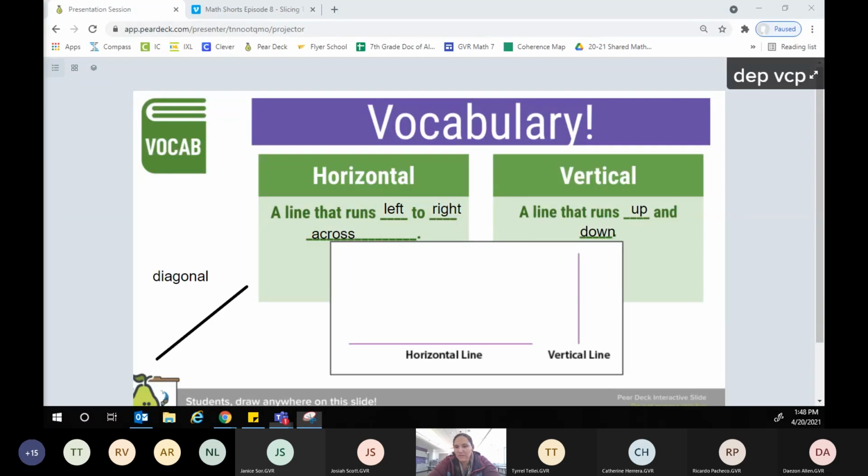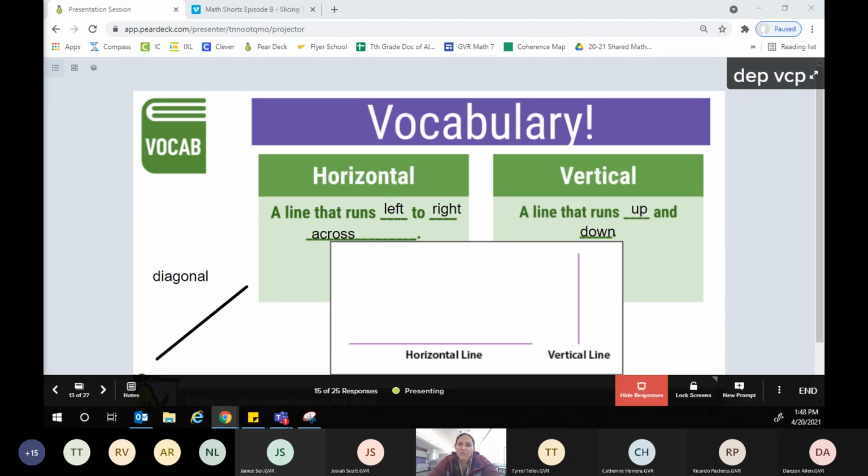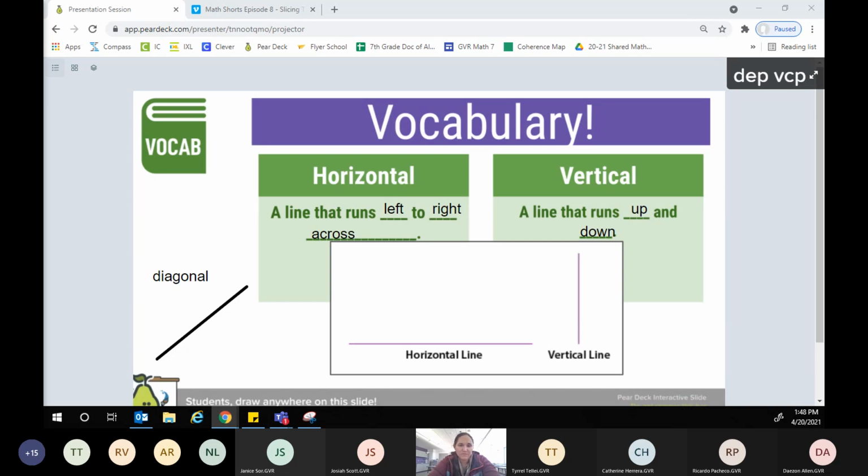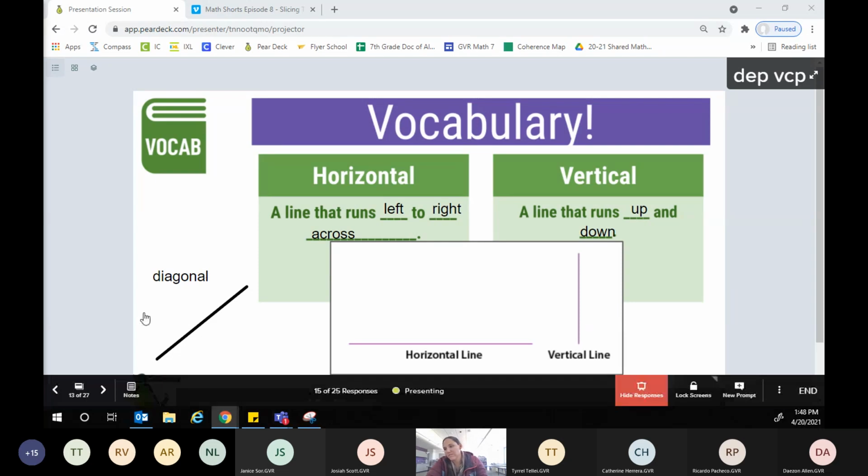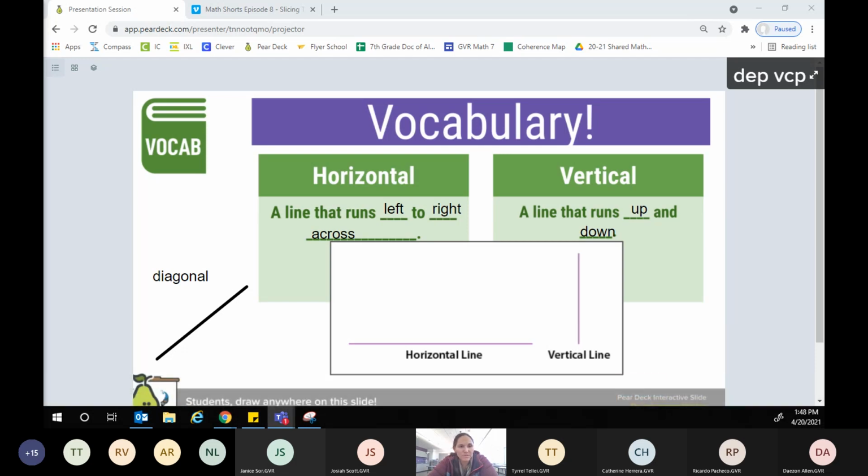So I'll take a picture of this, get it in our chat, because y'all will hear me say today, what is the cross section of a vertical cut? That's the type of questions you'll hear today. And thank you to everyone that included this third type. That was my bad. I forgot to put a spot for that. But it is important for us to know. Diagonal.